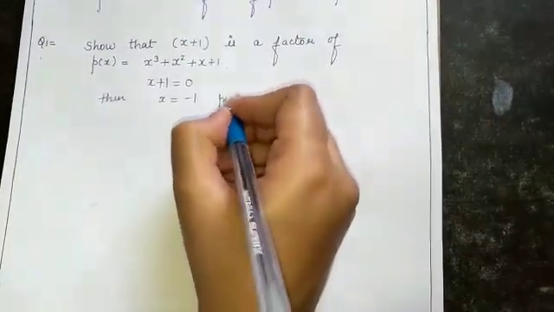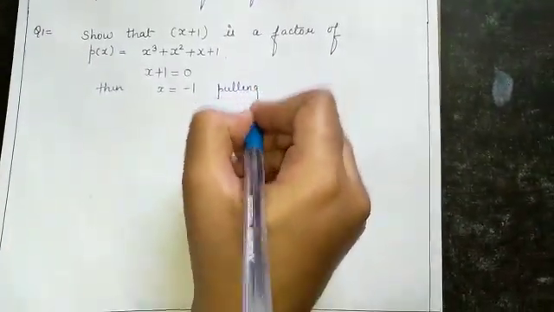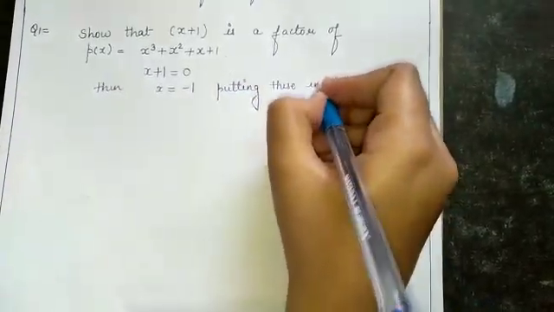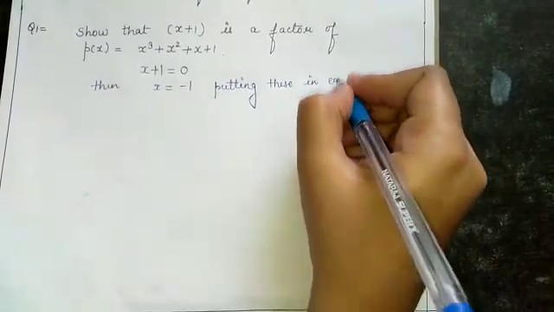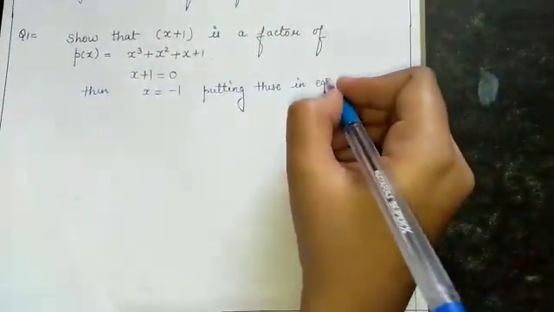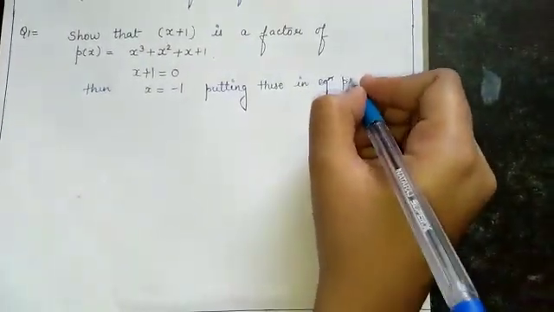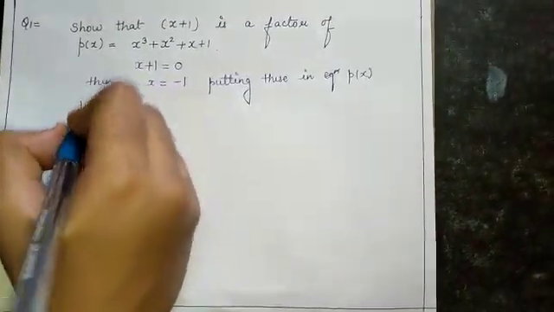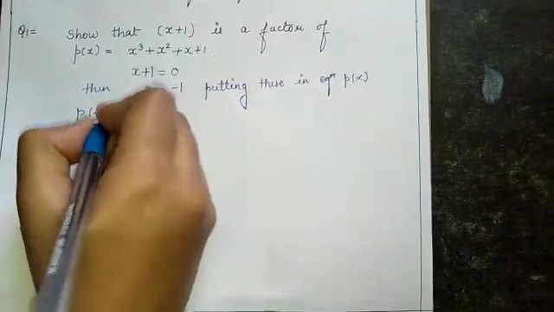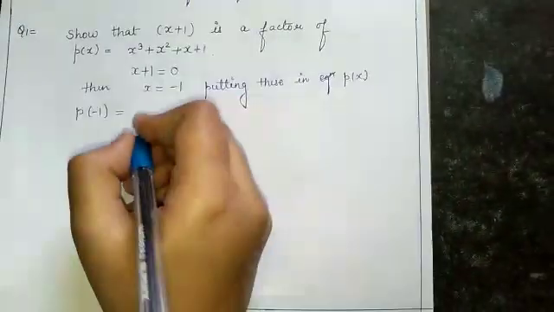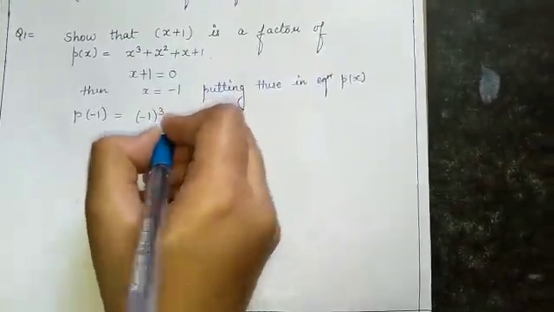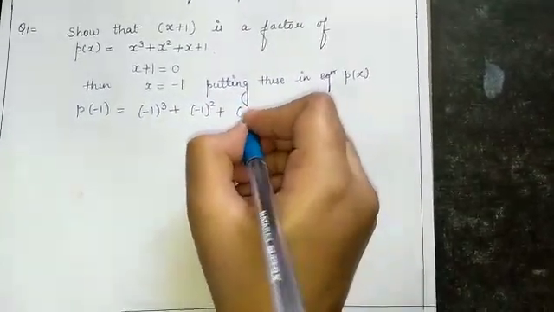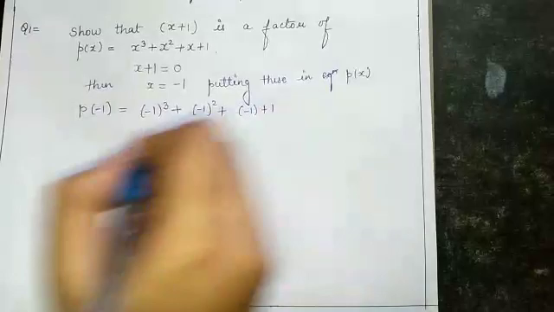So putting this value in polynomial p(x), then p(minus 1) is equal to (minus 1) whole cube plus (minus 1) square plus minus 1 plus 1.